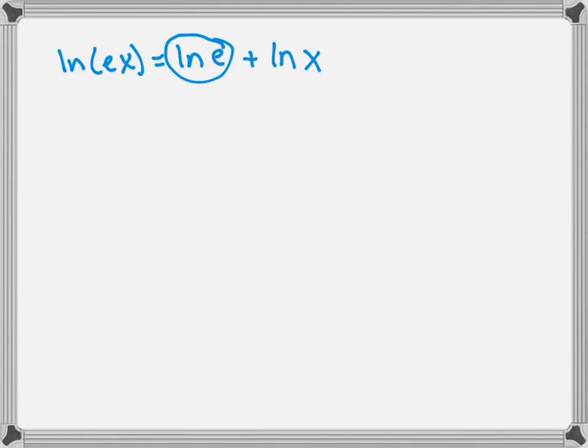Now this first one, we will look to see if we can simplify by setting it equal to x, and then rewriting that in exponential form, e to the x, because the base of the natural log is e, and that equals e, but we can rewrite e as e to the 1. So now we have both sides as powers of the same base. We can set the exponents equal, so x equals 1. So this example simplifies to 1 plus the natural log of x.